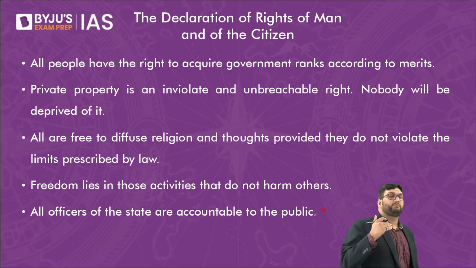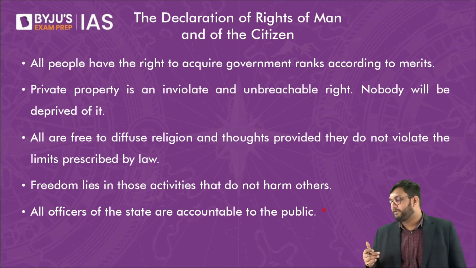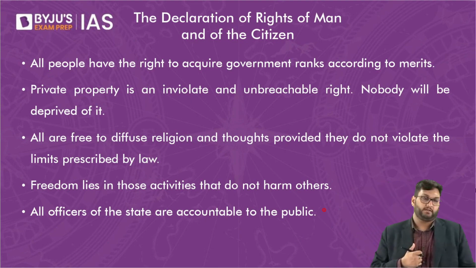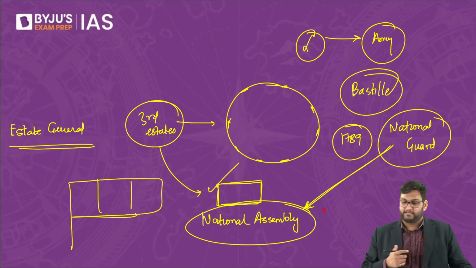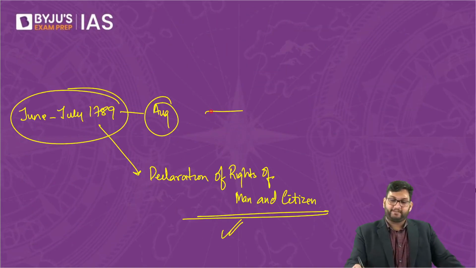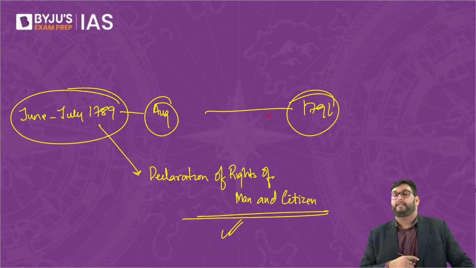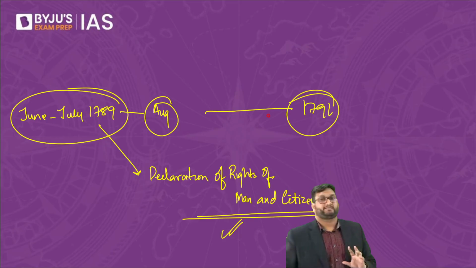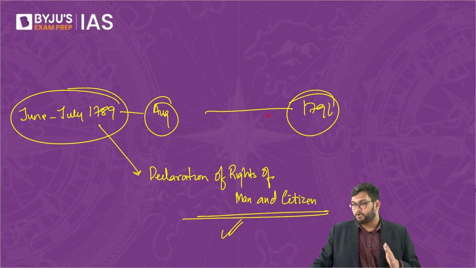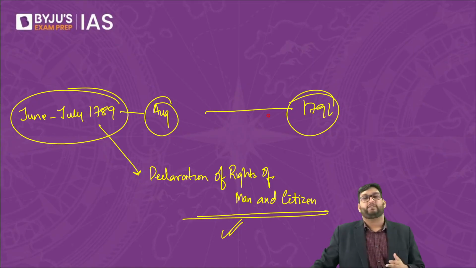And this is one of the most important contributions of the French Revolution to our history itself, which is that the Declaration of Rights of Man and Citizen will become the preamble for the constitution which they will write in 1791, which will make them the first constitutional monarchy of France. So they will become a constitutional monarchy in 1791, and the Declaration of Rights of Man and Citizen is going to be the preamble for that.